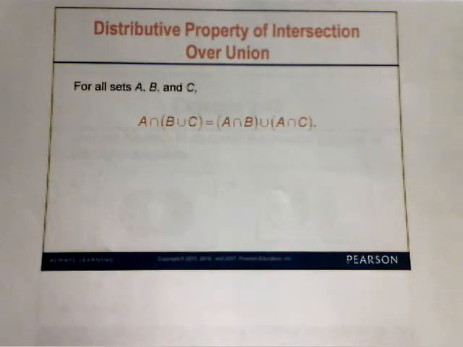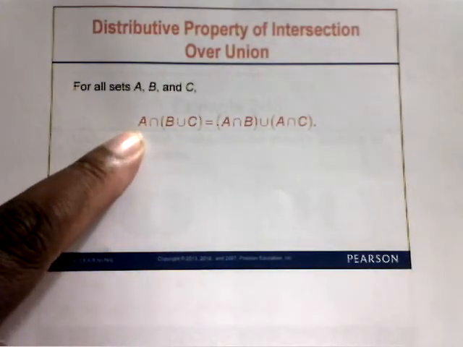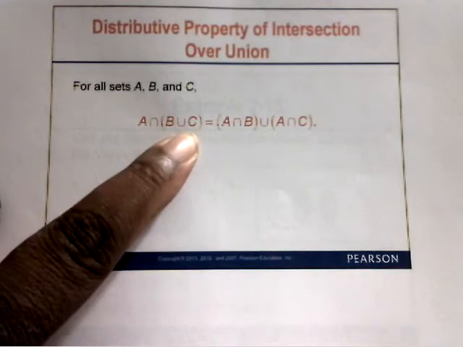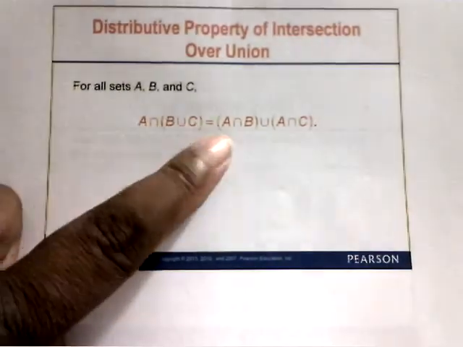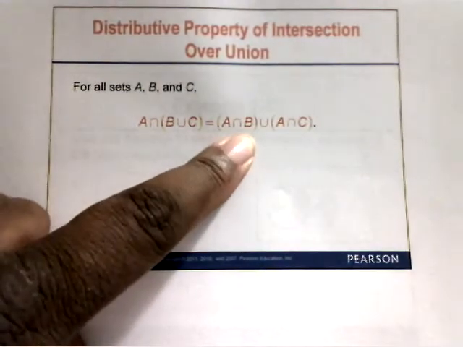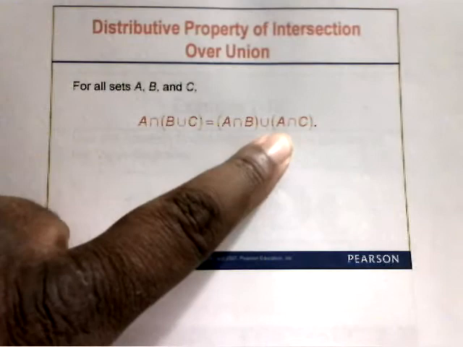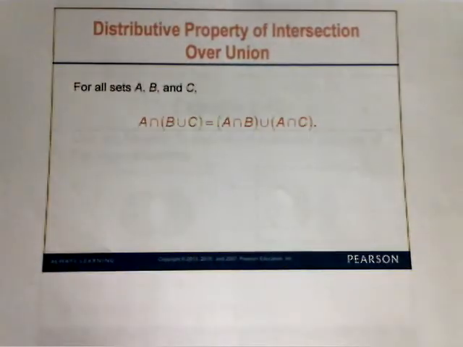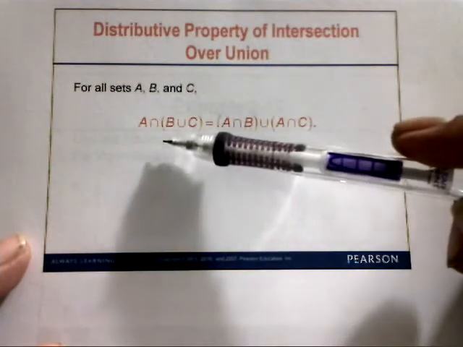Okay, now the distributive property of the intersection over the union is this. The intersection of A and the union of B and C is the same as the union of the intersection of A and B and the intersection of A and C. Okay, that's the distributive property of the intersection over the union.